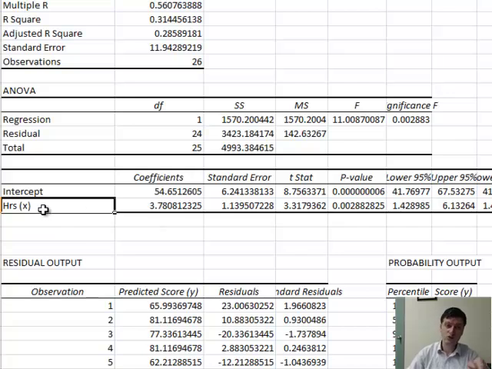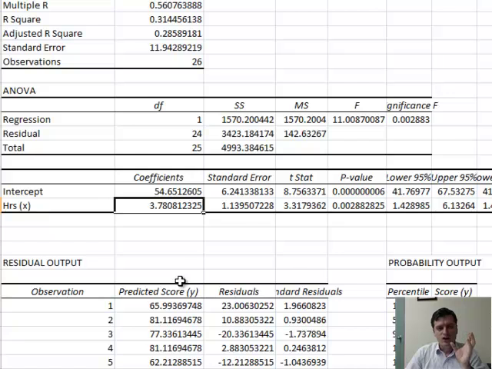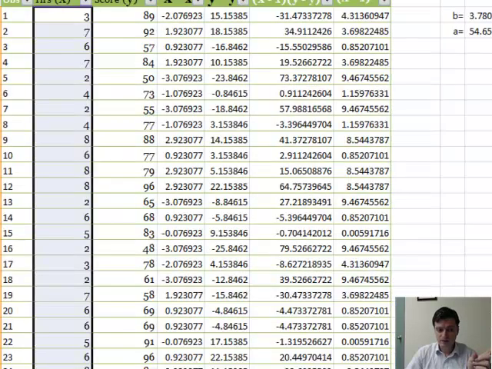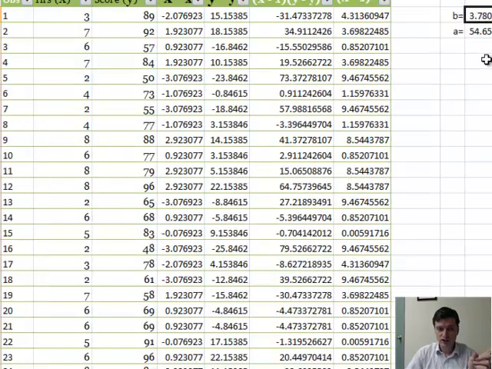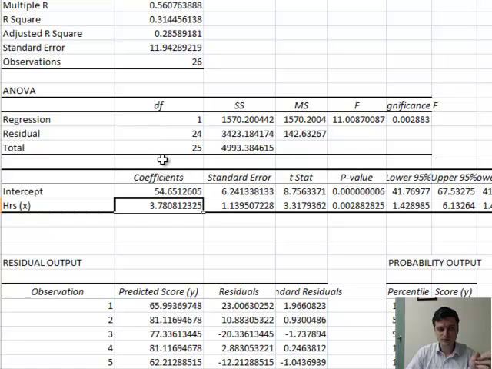The second row has to do with the slope, with the dependent variable, with the variable of interest. And that means that the slope that we actually got in the other sheet right here, right, 3.78, and we get that in this output for regression 2, 3.78.